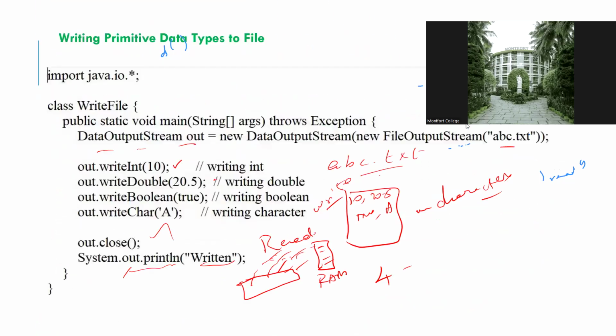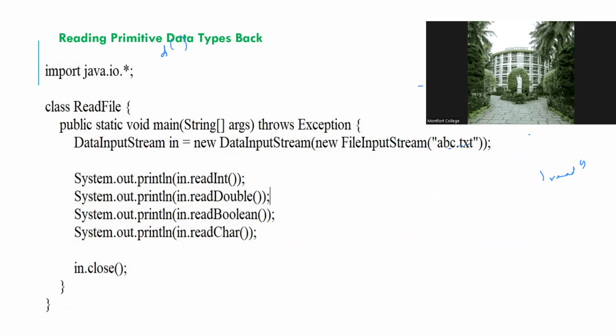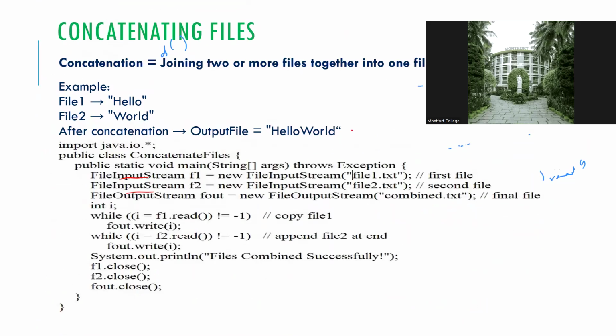Now in FileInputStream also, you see we have strings. Here I have one string: Hello in the first file, World in the second file. You may ask one question: there also it was a string only, I love Java, but that is character-wise, we have taken character-wise.